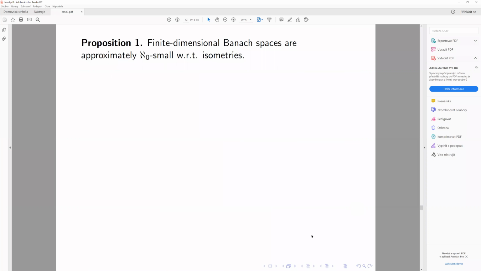So now this is the basic thing which one would expect, and what one would wish, that finite dimensional Banach spaces are approximately finitely presentable, small with respect to isometries. So it means that they behave like finitely generated objects, I could say.